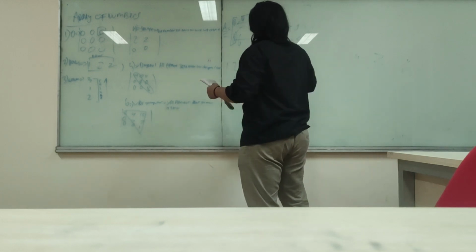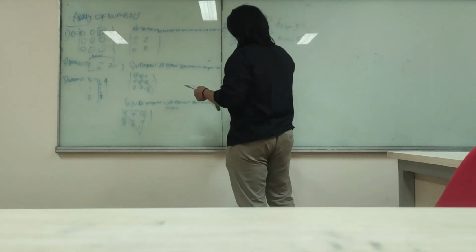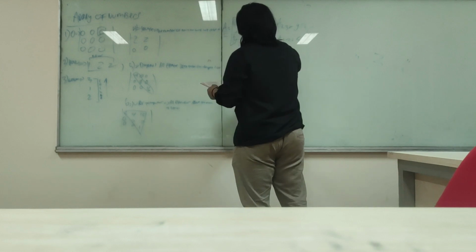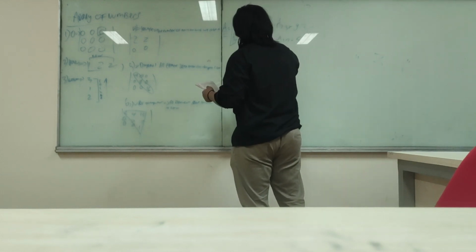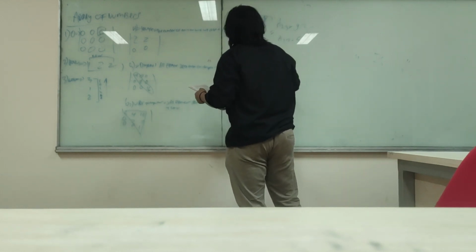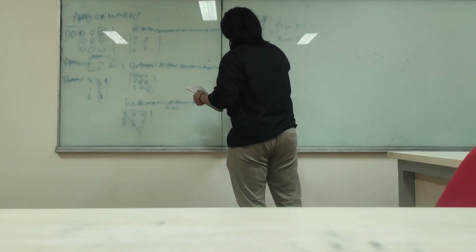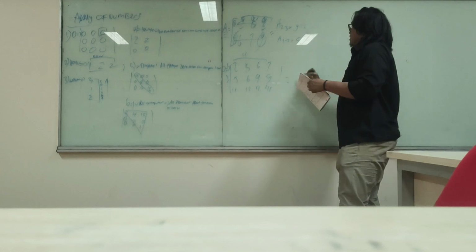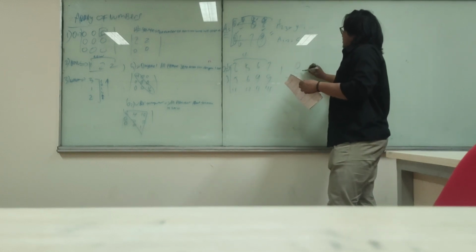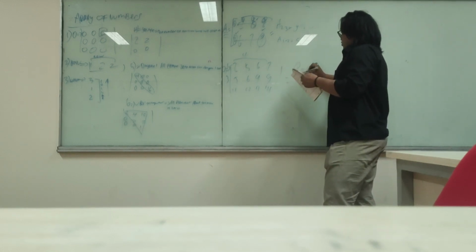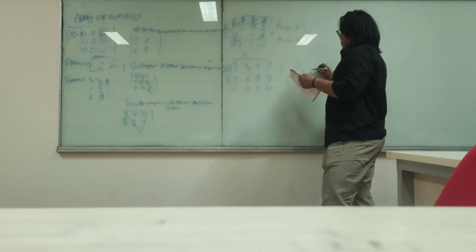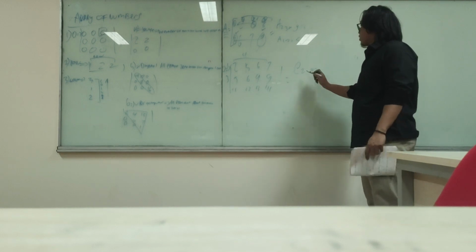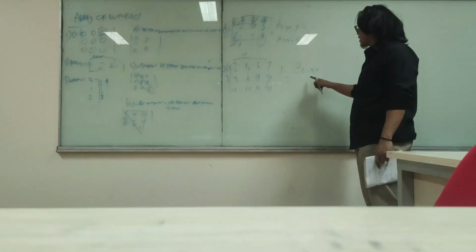Okay, so this has 3 rows and 4 columns, and this is the element E. Okay, let's do this element E 2,4. Actually, we can put a comma in the middle or not.